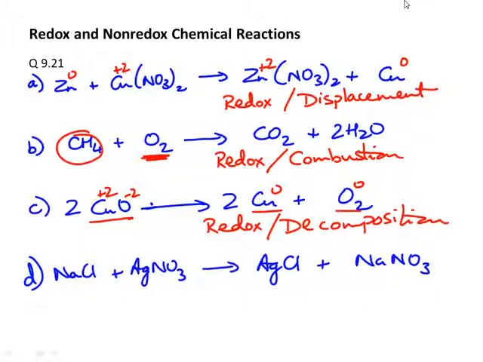Chlorine's oxidation state stays -1, oxygen's stays -2, and nitrogen stays +5. None of them are changing. Therefore, this is not a redox reaction. It is a non-redox process. But at the same time, it is also an exchange reaction because the cations and anions are exchanging company. They are making new compounds with each other, and therefore it falls in the category of exchange reactions.